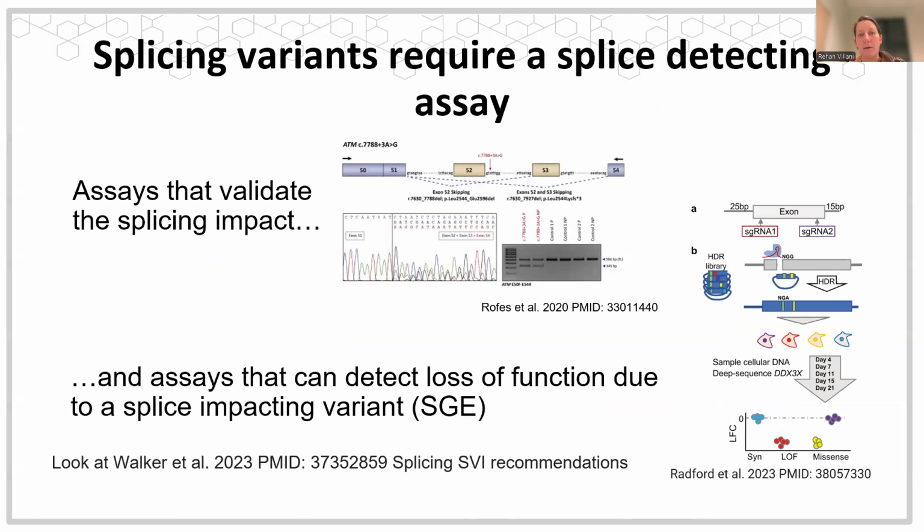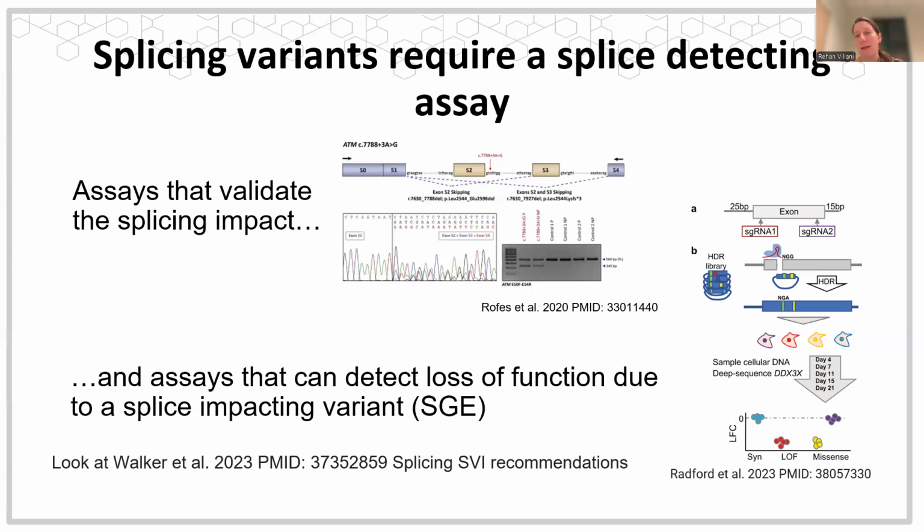Finally, you also want to consider if you're detecting the right mechanism and which specific mechanism you're detecting. For splicing variants in particular, you want to consider what the assay is detecting. The first assay you can see here is an assay that validates the splicing impact, so you can see the alternative splice form after introduction of the variant, versus an assay that can detect loss of function due to a splice impacting variant.